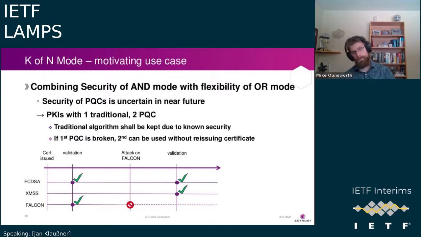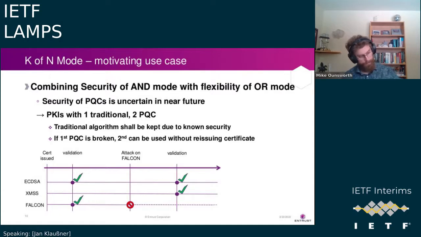Thanks. So this K of N mode is the only way to make an agile PKI. I sketched the use case here. We have 3 algorithms: one is the classical one, 2 are PQC algorithms, and now we issue a certificate with all 3 algorithms.